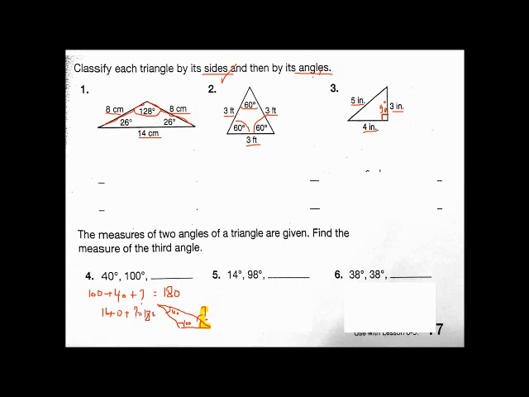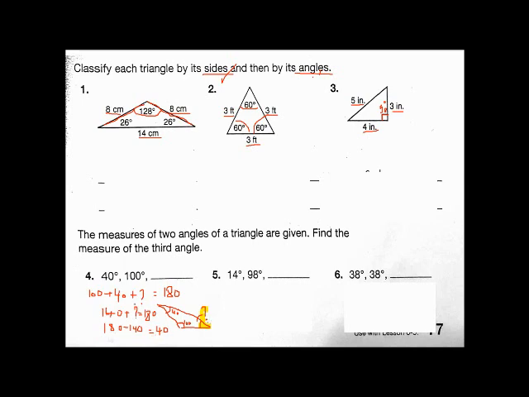I can now say 180 minus 140 equals the unknown that I want to know. Equals 40. So the third angle is equal to 40.